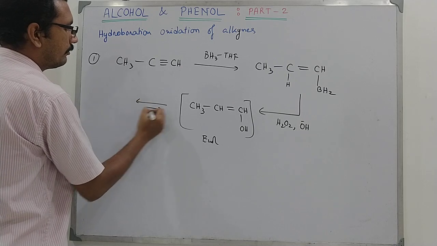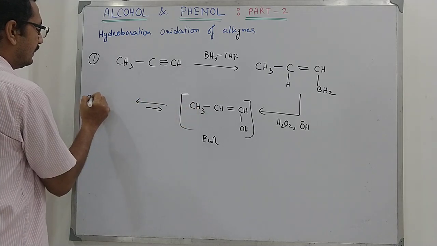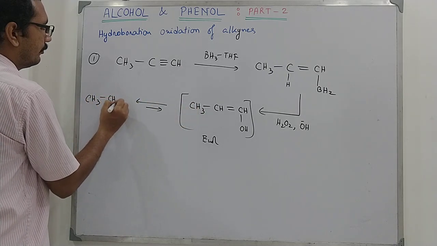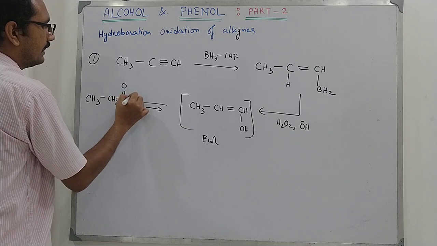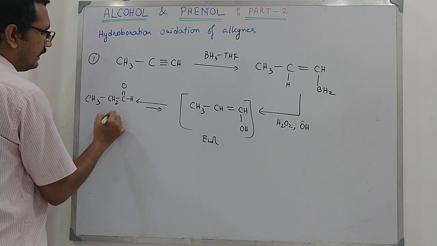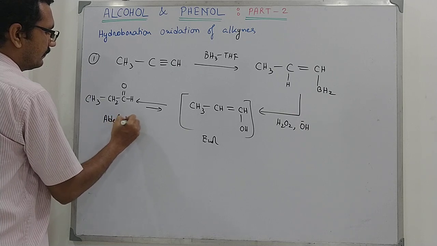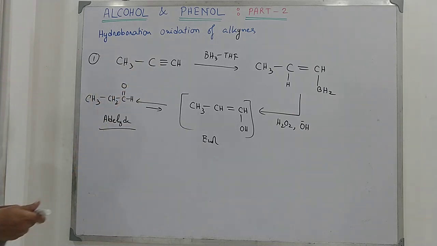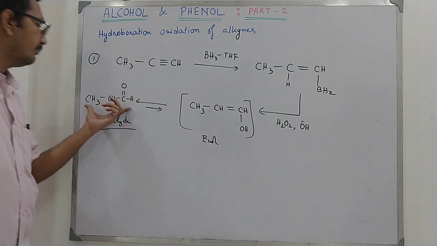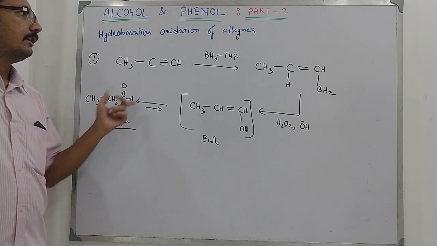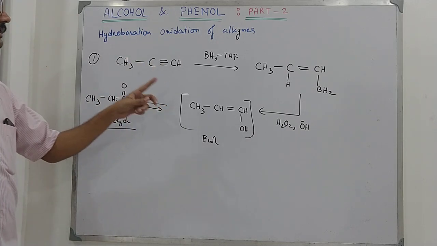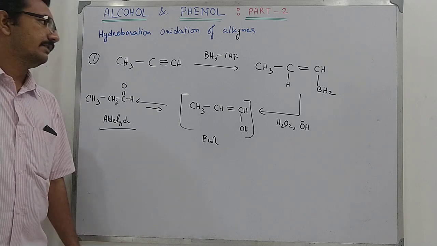So we will have a keto-enol tautomerization and we will get CH3-CH2-CHO. So this is an aldehyde. So upon hydroboration oxidation of alkynes, we end up with aldehydes. Now in part 3, I will discuss another important reaction, that is oxymercuration demercuration.